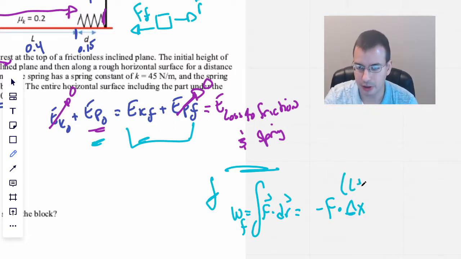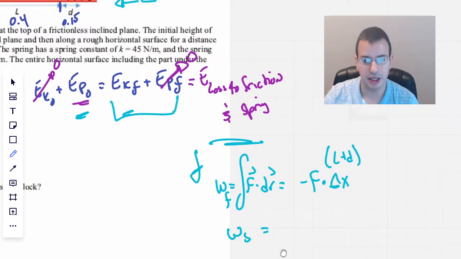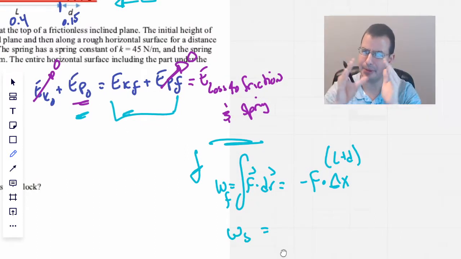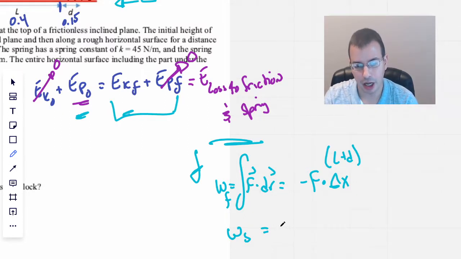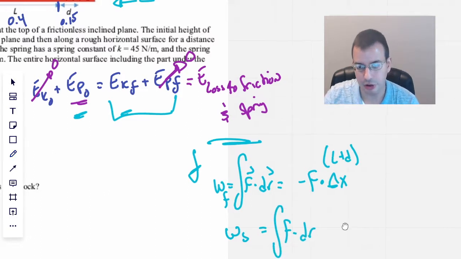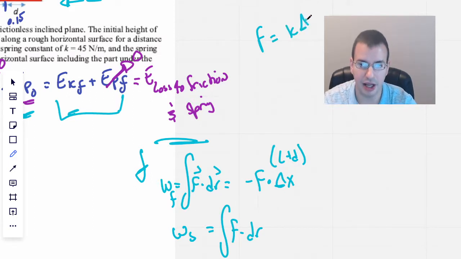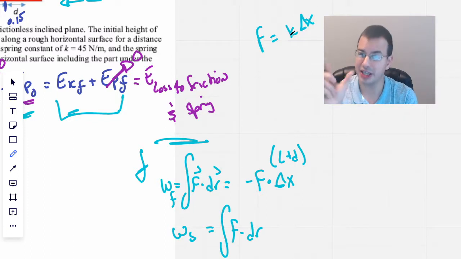Now we're going to have to do work of the spring. Even though part of the friction and part of the spring happen together, we can separate them this way for this problem. So the integral of F dot dr, the force for a spring equals k dx, where dx is the displacement from the beginning.